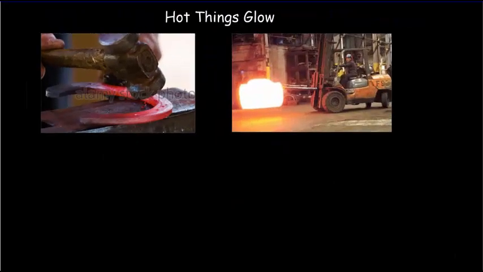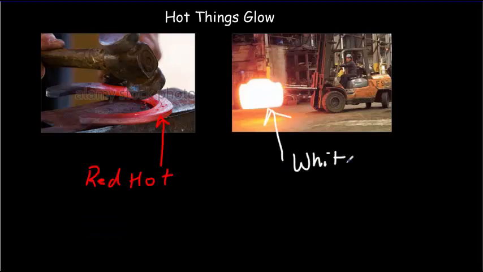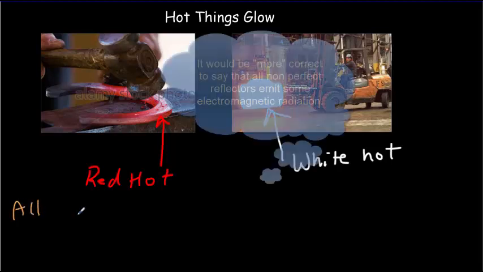You're all probably familiar with the idea of hot things glowing. In fact, we often speak of something being red hot if it's so hot that it glows red. And if it glows white, we might say that it's white hot. So different temperatures will produce different colors at which things glow. Now, as it turns out, all objects glow.